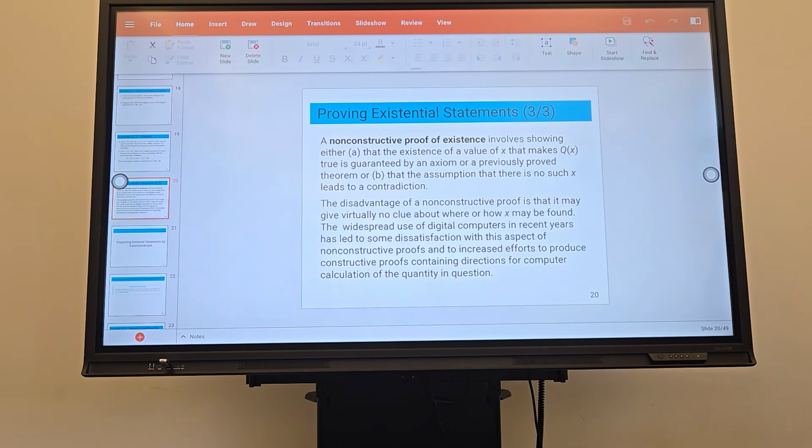The problem with non-constructive proofs is they give virtually no clue about where or how x may be found. And they're hard to program. So with the use of computers, it's kind of challenging to make those proofs automated.